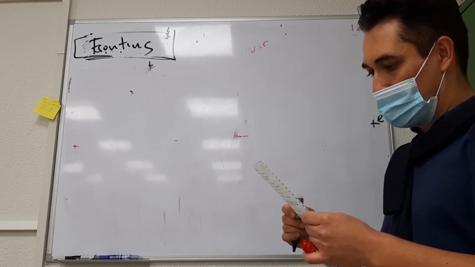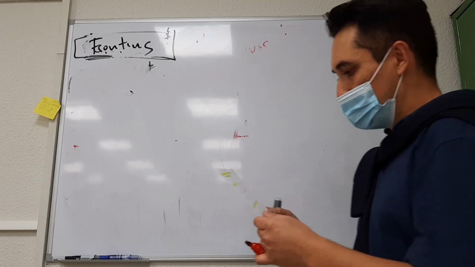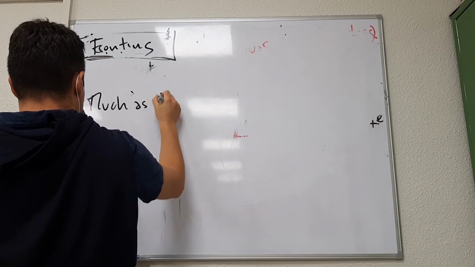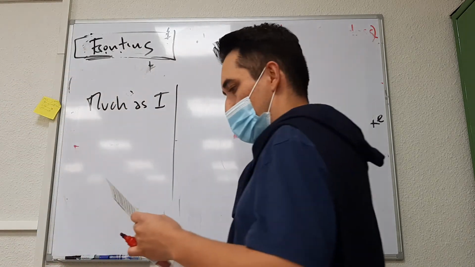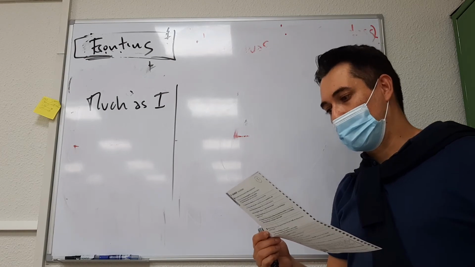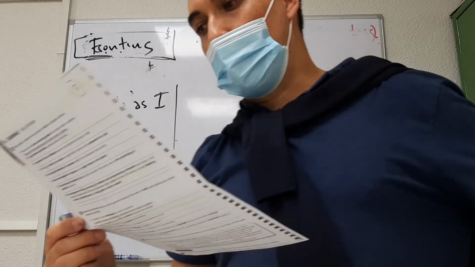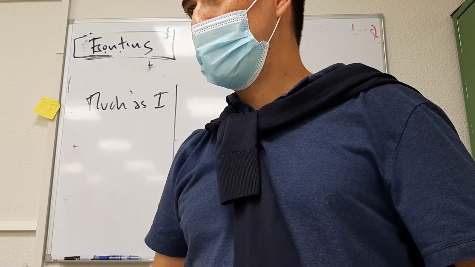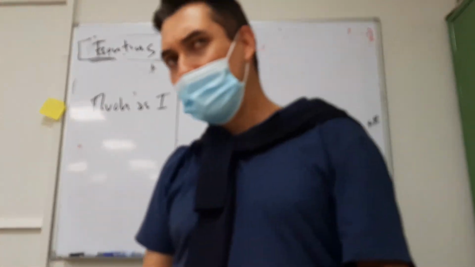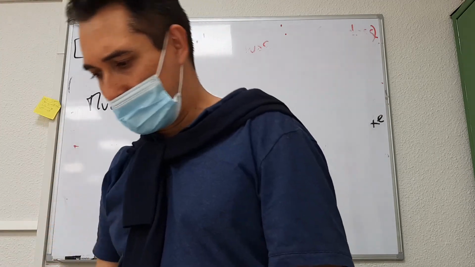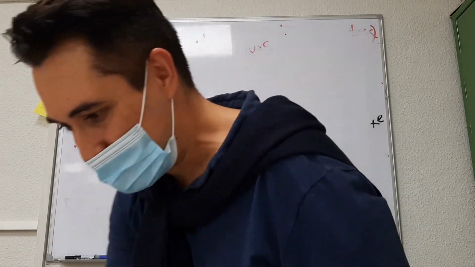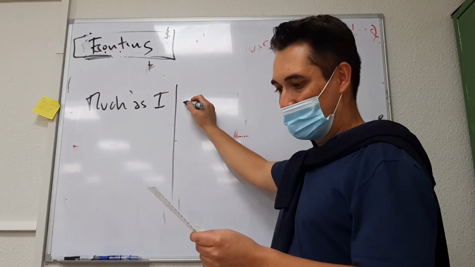I'm going to give you a difficult example with much as I. I'm going to give you the normal sentence, the normal word order. Even though I like you, you have to leave. Fronting with much as I. Very good.